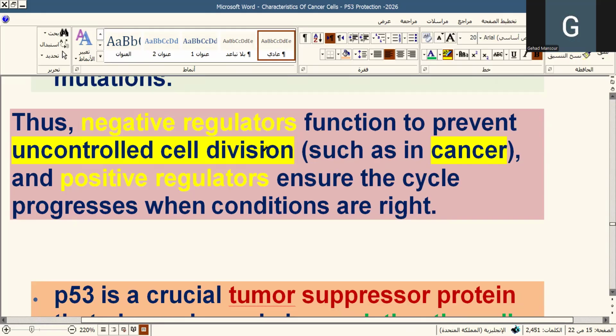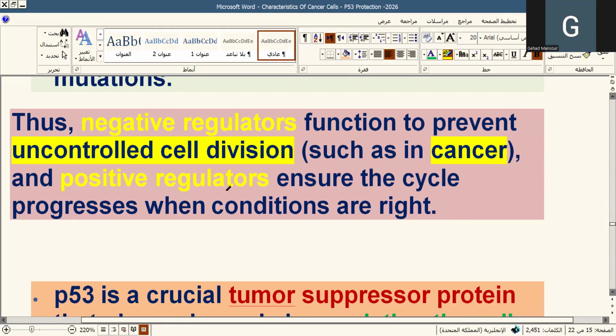So the negative regulators, by discarding the mutated cells, by arresting them, by forcing them to go to the G0 phase, prevent them from doing their favorite thing, which is the uncontrolled, very fast rate of cell division.